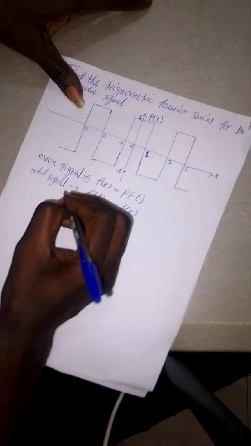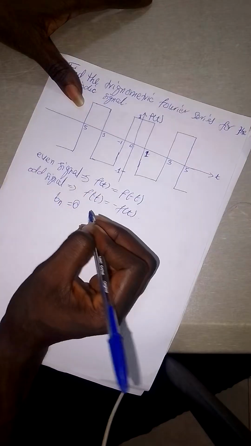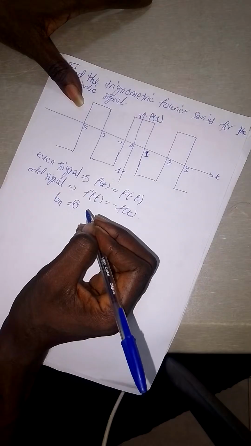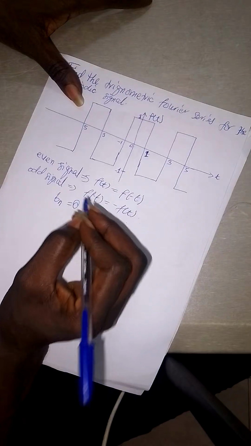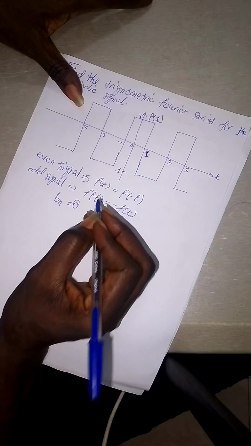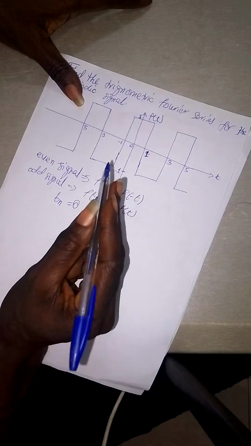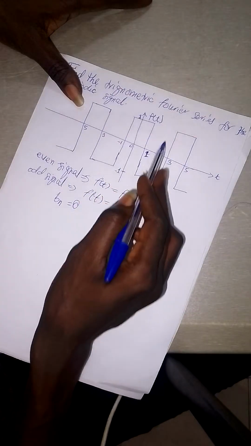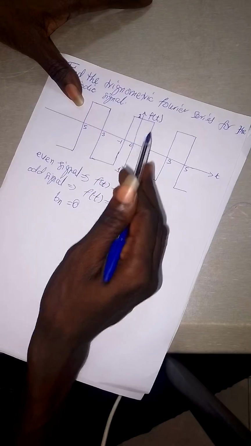If it's an even signal, then our Bn is going to be 0. Because we know that sine t is an odd signal and cos t is an even signal, so if this signal is even, the odd aspect, which is sine, will be 0.